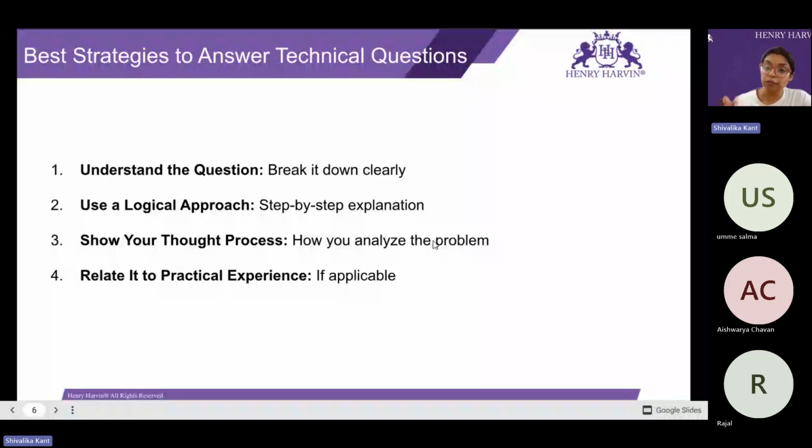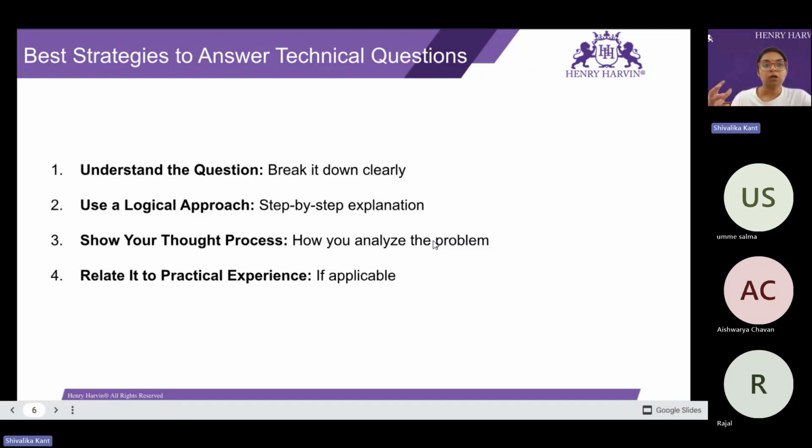It is very important because it shows your thought process. Even if you don't know the answer, the thought process you show will get you through. Employers often care more about how you approach a problem rather than whether you immediately know the answer. So walk them through your reasoning.